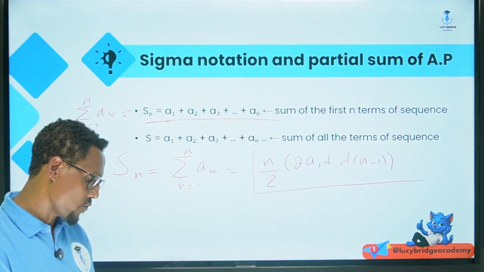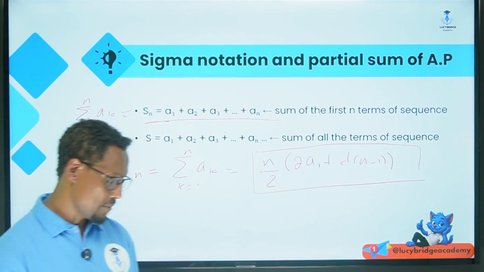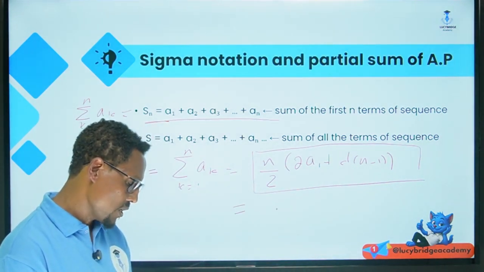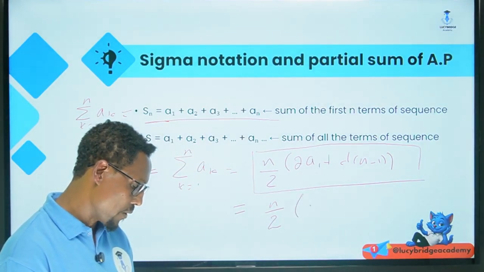Okay, this is the formula of the sum of the first n terms of an arithmetic sequence, or you can alternatively use n over 2 times a1 plus an.